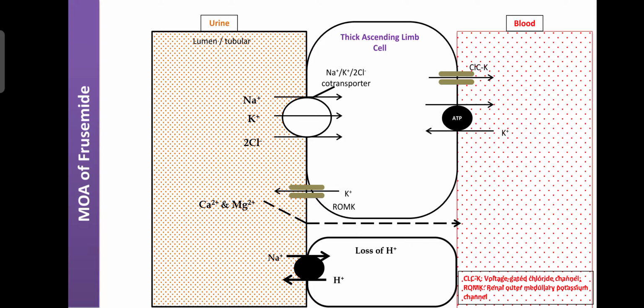So before we can go to furosemide, you should know how sodium, potassium, chloride, calcium, and magnesium enter back into the blood from the urine, through the cells present in the thick ascending limb.